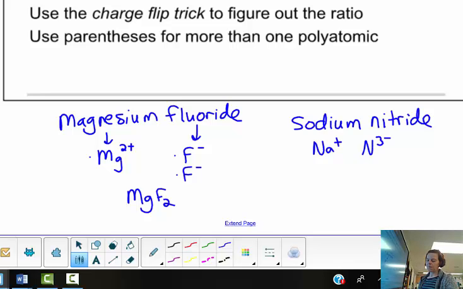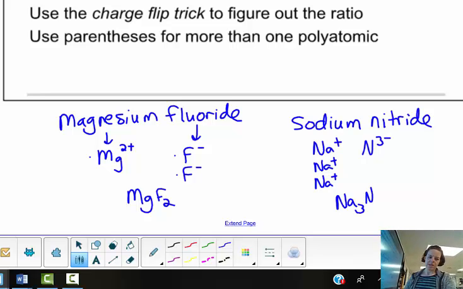Okay. Should be pretty obvious what you need here, right? You need another Na and another Na for a total of 3 to cancel out your -3. So you get Na3 and just 1 N. And we don't generally write ones, so you just write the letter.